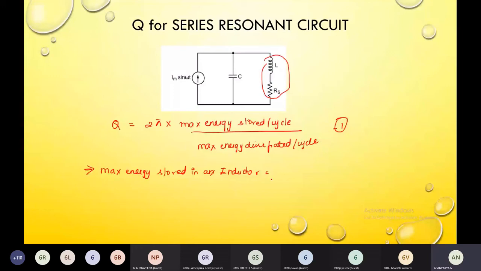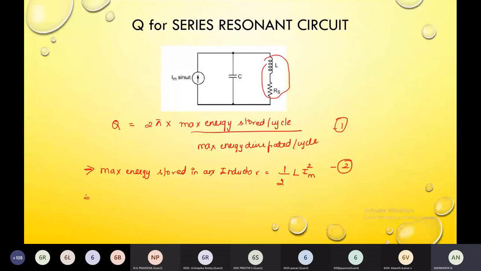Half L I square, or Im square, or I max square. Anyway, take this equation as 2.